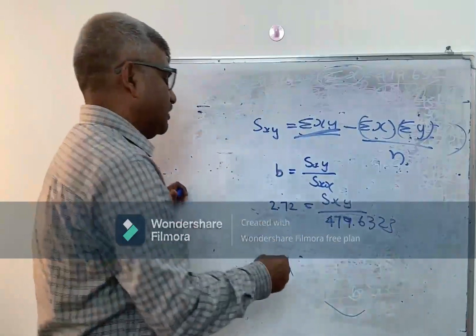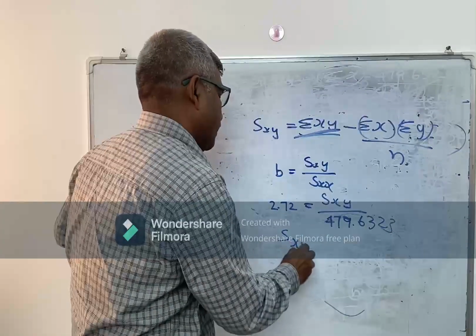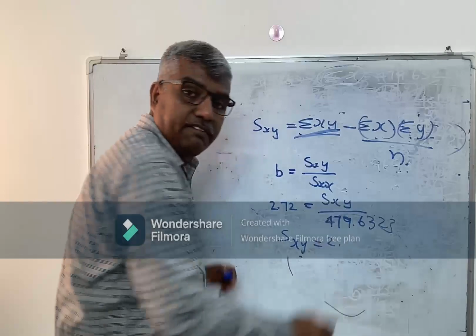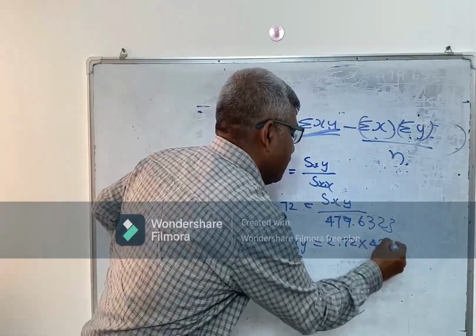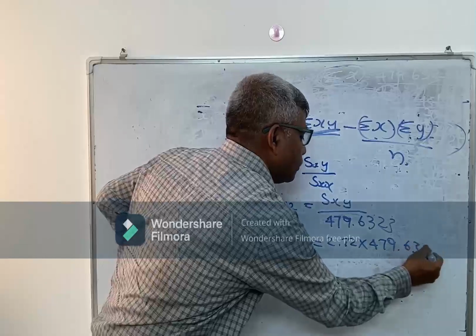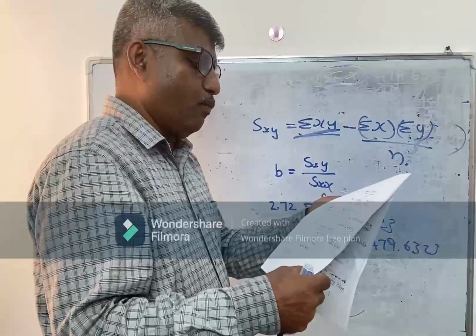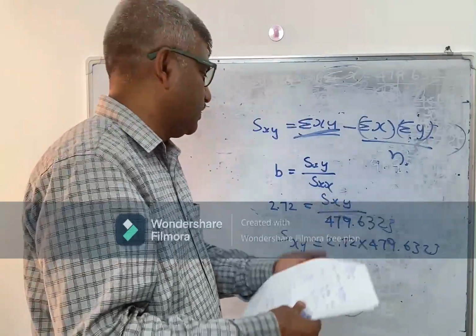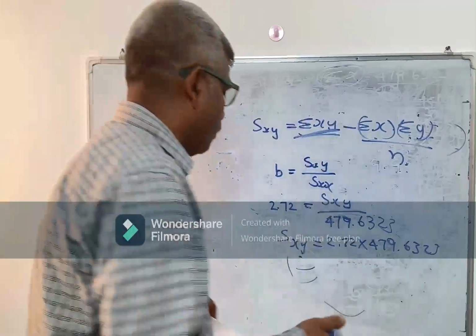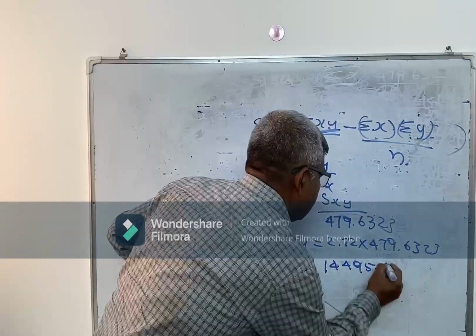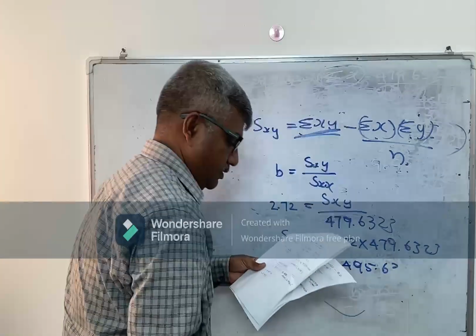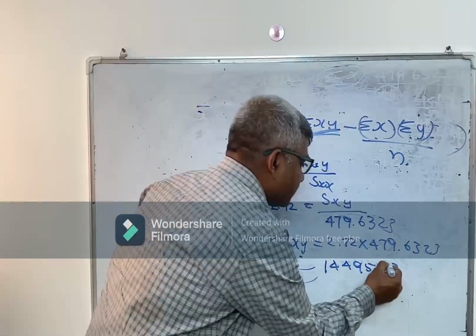Just calculate Sxy equals 2.72 times 5329.4005, which is 14,495.9693.